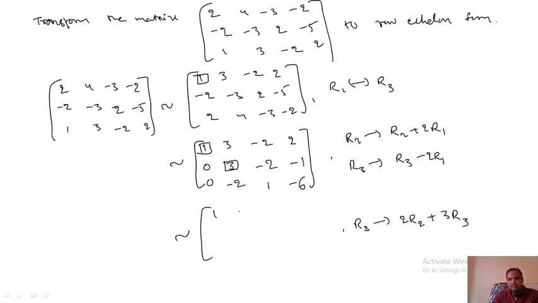So that means 1 3 -2 2, 0 3 -2 -1, and in the third row, 0, then -4 plus 3 is -1. I did this correctly.